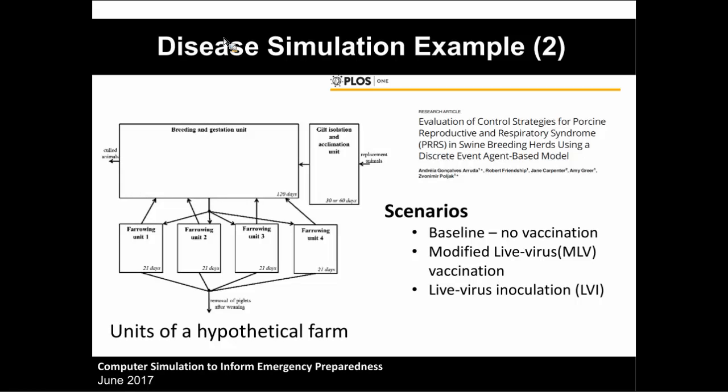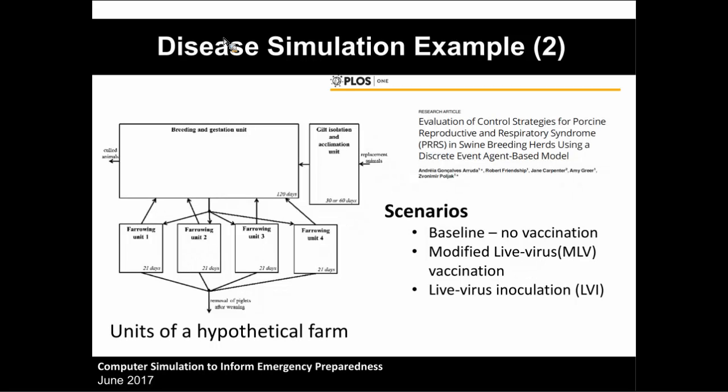This paper approaches it with a what-if view. Here they say, what if PRRS is introduced in a farrow-to-wean farm consisting of about 1,000 sows, which is typical of North America, and how would the outcome look if the immune status of the herd varies? They wanted to compare the efficacy of two types of intervention.